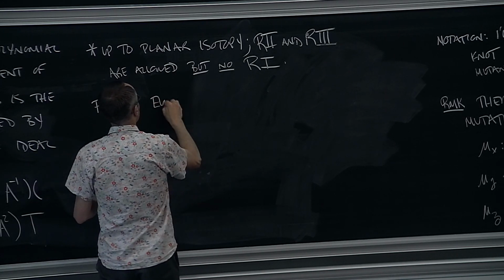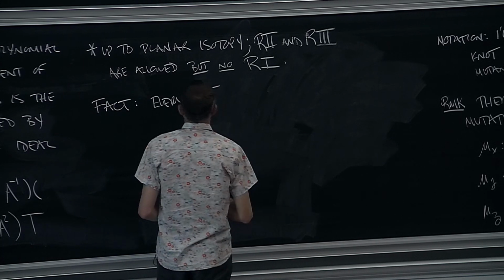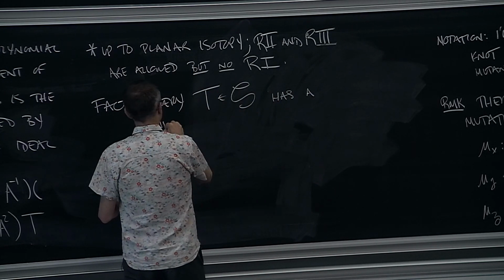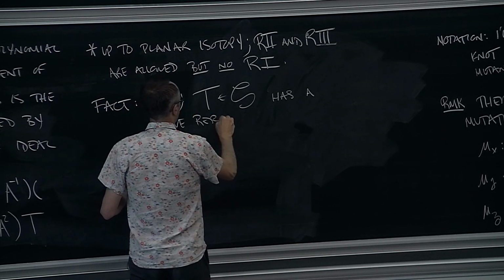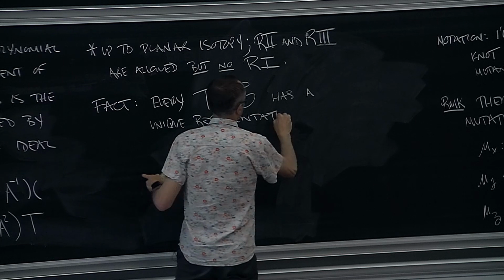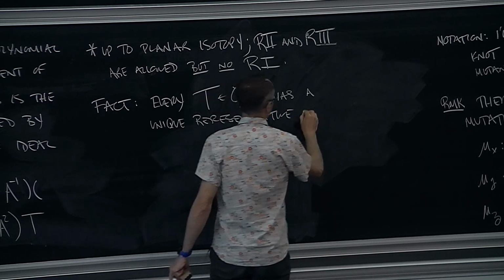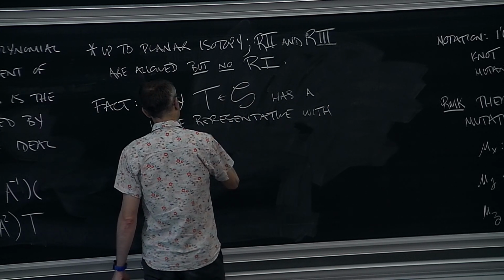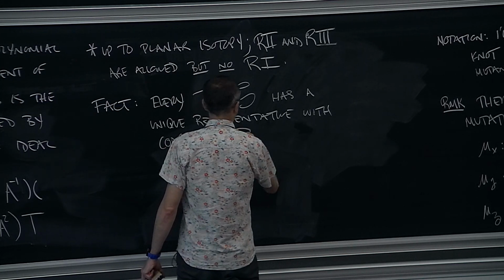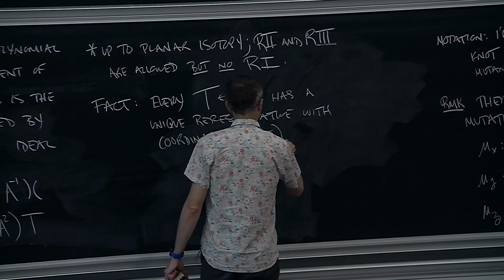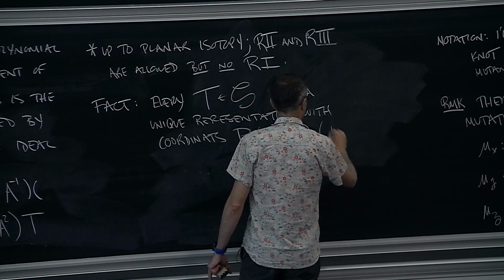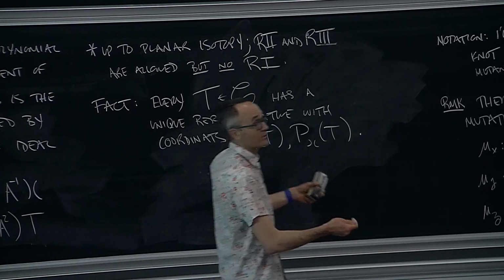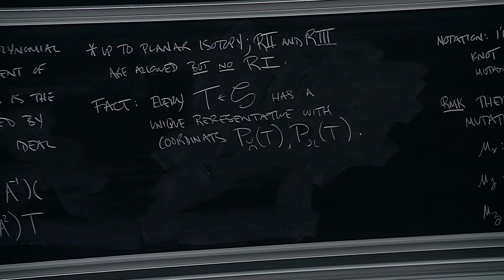I think the key fact I want to pull out of this is that T, sorry, so T in this skein module has a unique representative with coordinates, let's say P horizontal resolution of T and P vertical resolution of T. Okay, so this is just the process of applying the rules at every single crossing and then rubbing out closed components so that you arrive at this expression.